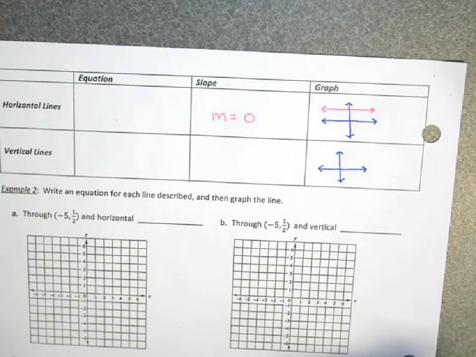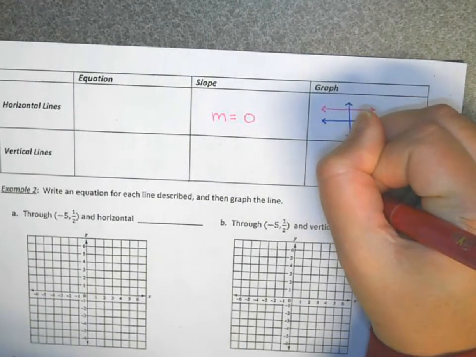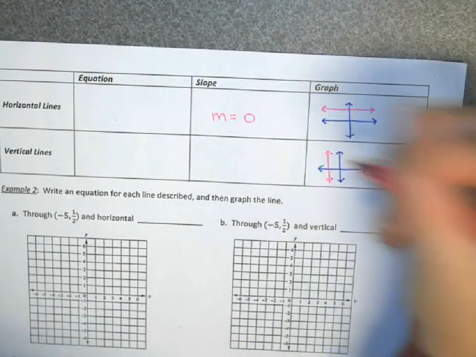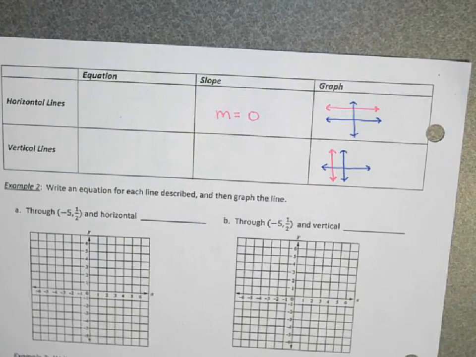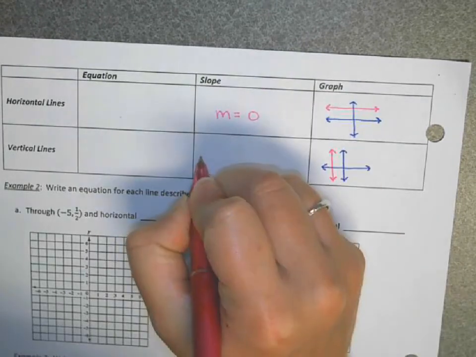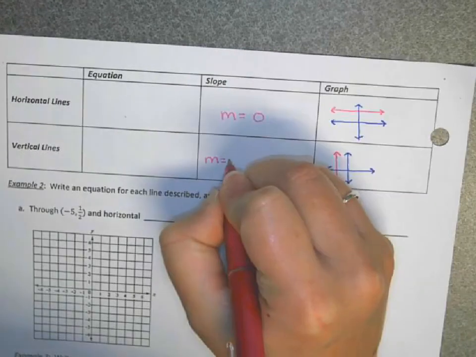Okay. Now for the vertical line, how's your ski trip if you ski down a slope like that? What was your slope? Undefined, yep.